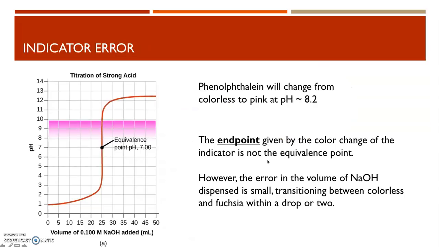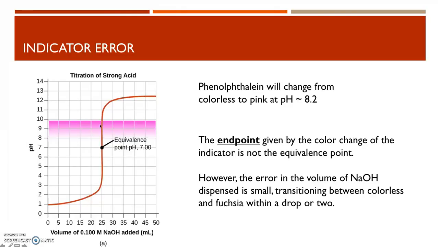This means that the endpoint, given by the color change of the indicator, is actually different than the equivalence point. Ideally we would have an indicator that would match really well with our equivalence point, but it might not always be feasible.